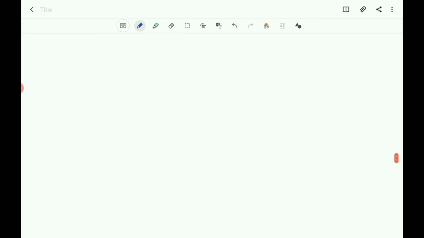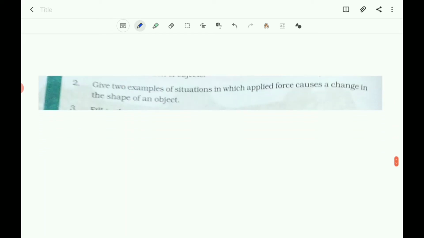Next question. Give two examples of situations in which applied force causes a change in the shape of an object. Here you can say that when you stretch a rubber band, it elongates. That is nothing but a change in shape.